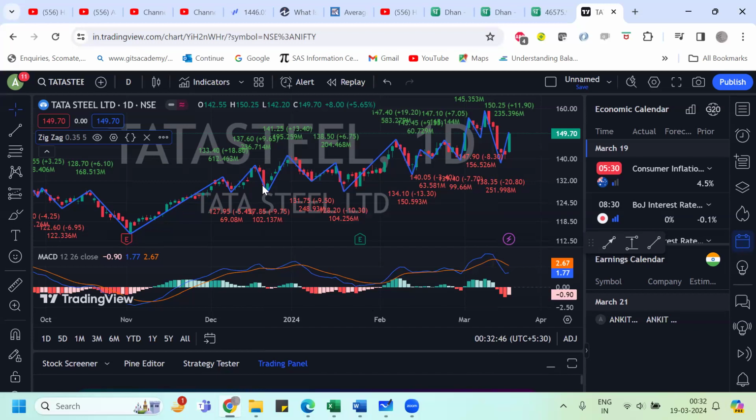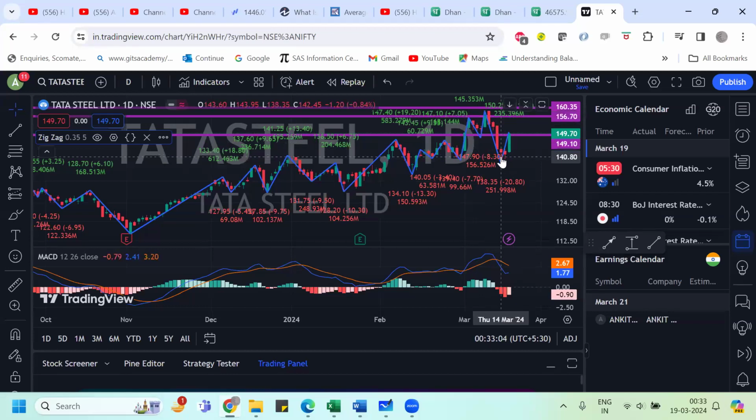Okay, so now try to observe in the day chart. If you're observing in a day chart, you can easily plot your support and resistance. So it will be easier for you to plot your support and resistance on the stock.